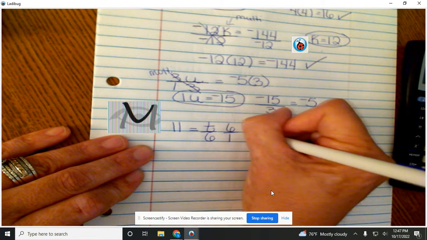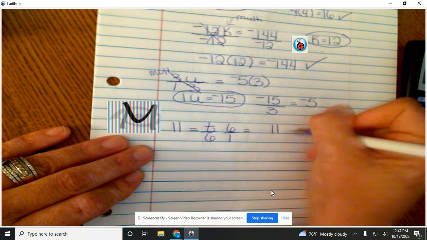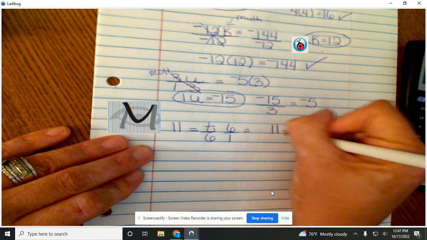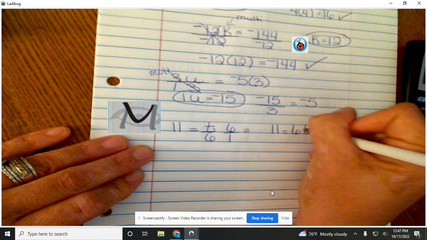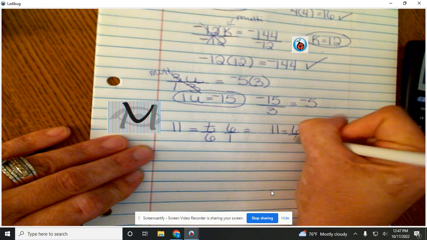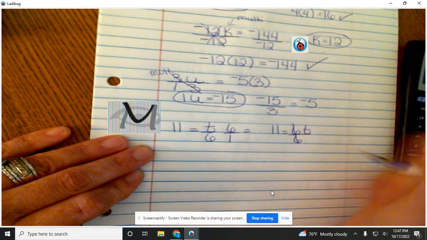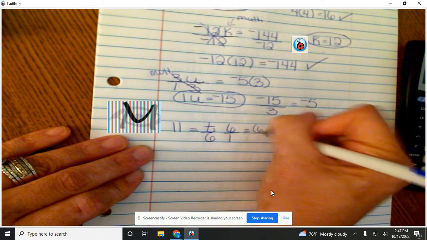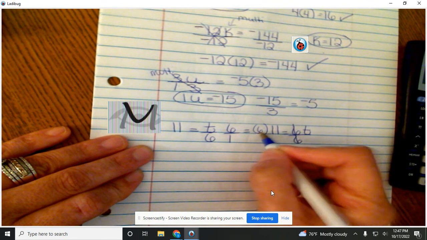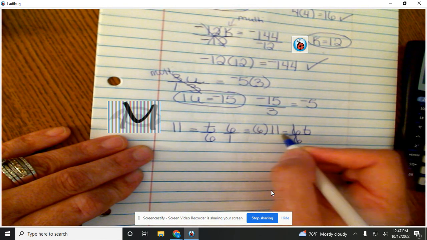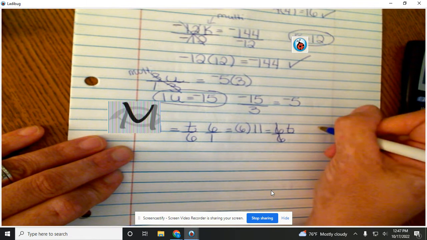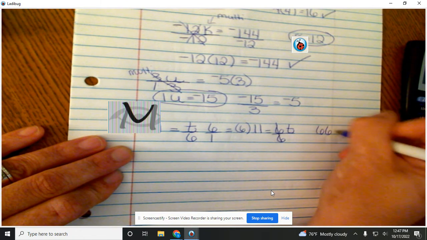So if you were to rewrite this, and this is another way to look at it, it is t divided by 6. You're going to cross this out, and you're going to multiply 6 over here. So 11 times 6 is going to give you t. So 66 equals t.